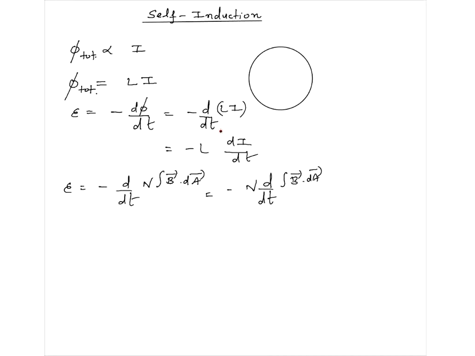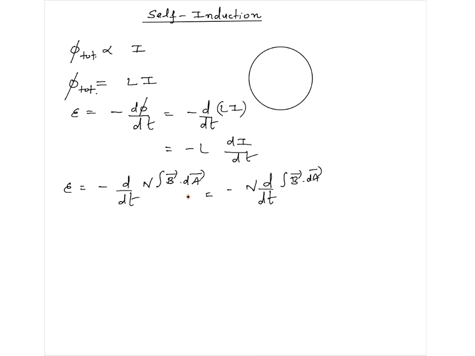Now, you can also find E by writing phi as integral B dot dA. For n turns, it will be n times integral B dot dA, derivative of that with minus sign. That also you can find E, and the two ways E has to be equal, whether you do it this way or that way.